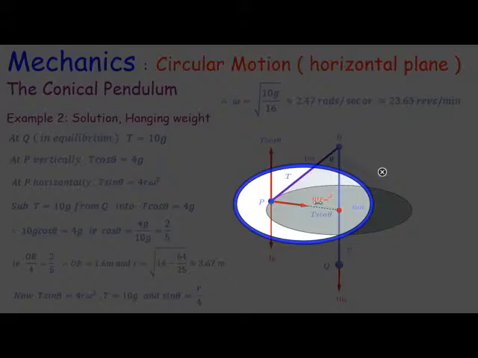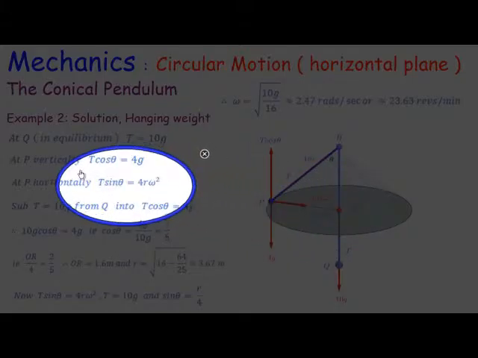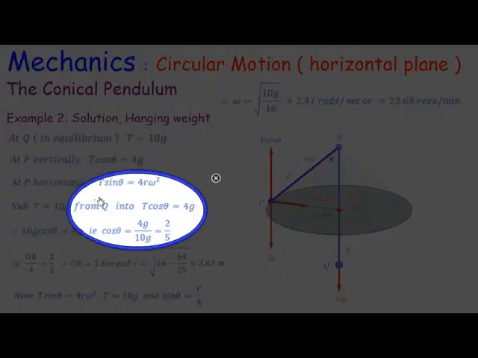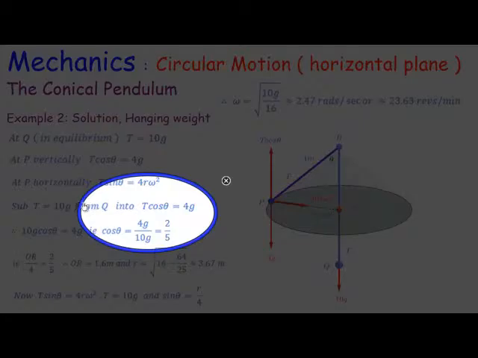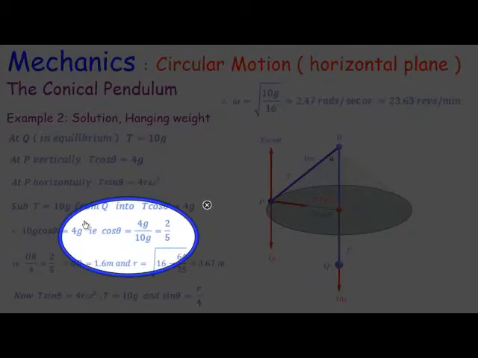So T sin theta equals mr omega squared. Now, obviously, we can substitute T in because T is 10g, so T equals 4g over cos theta becomes 10g equals 4g over cos theta. You can see here the g's will go, and we get an expression for cos theta as 2/5.